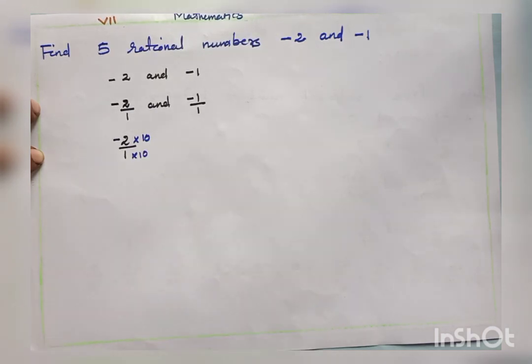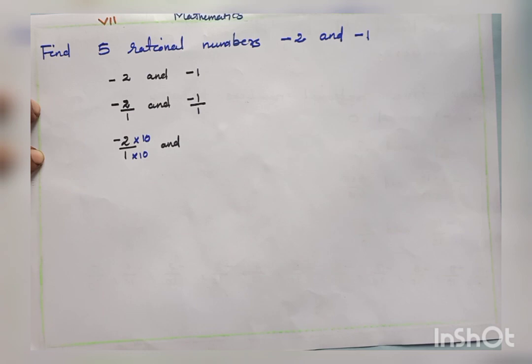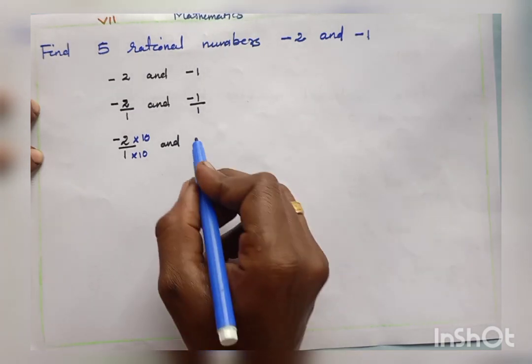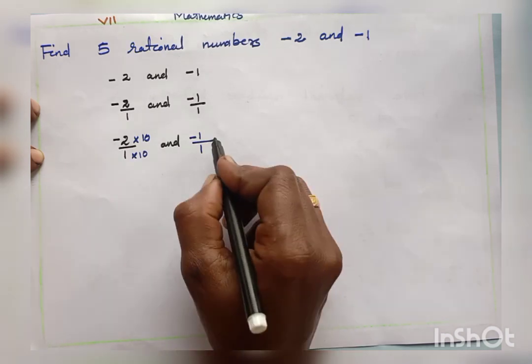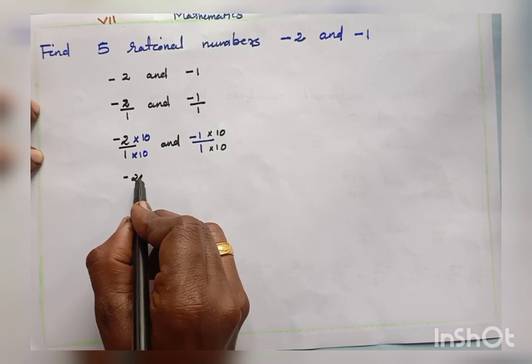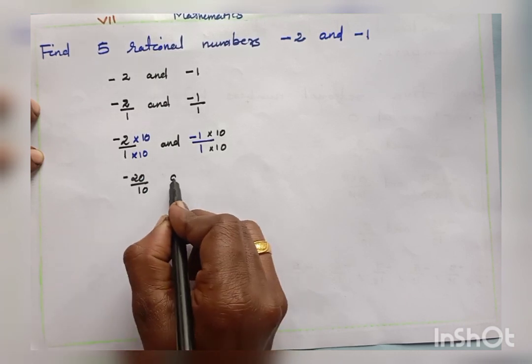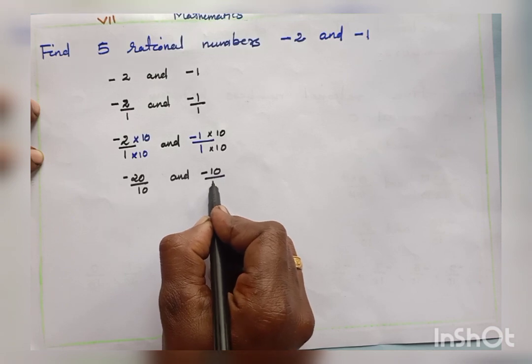Minus 2 by 1 into 10 and minus 1 by 1, multiply both numerator and denominator by 10. So we get minus 20 by 10 and minus 10 by 10.